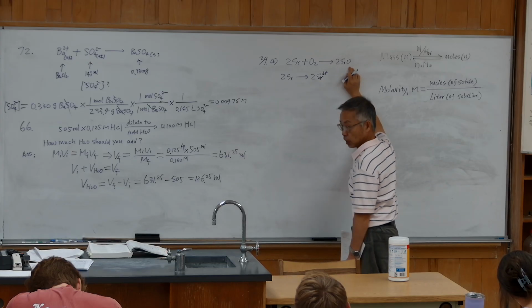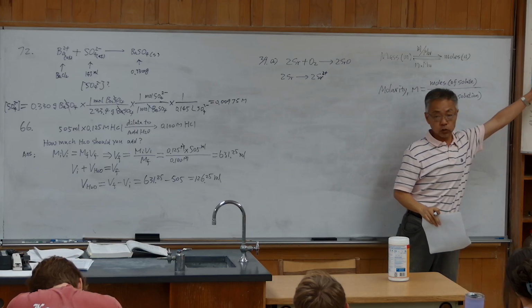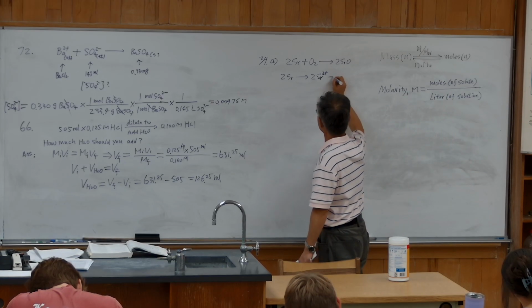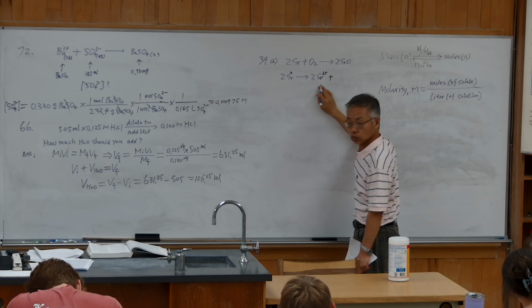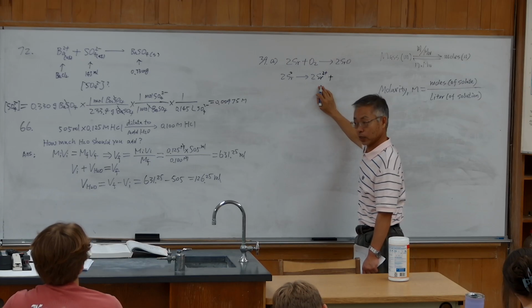Strontium oxide is an ionic compound. Strontium comes from group 2A, so it is always a positive 2 charged ion. From free matter, 0 charge, to positive 2. What does this mean? It lost electrons. Yes, lost 2 electrons.